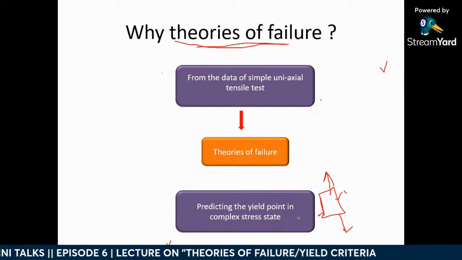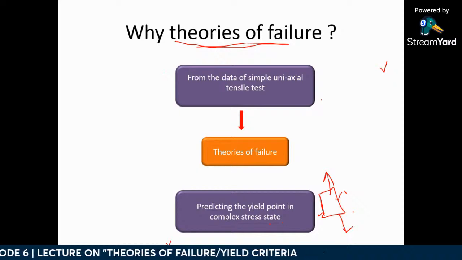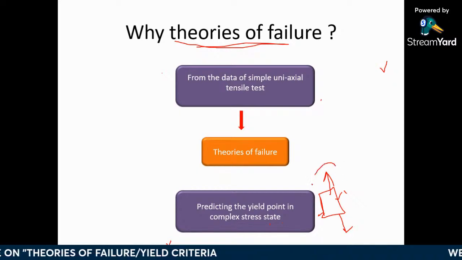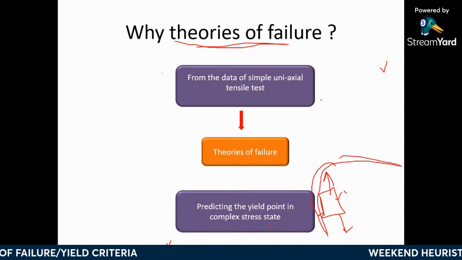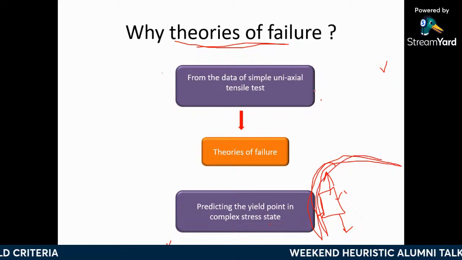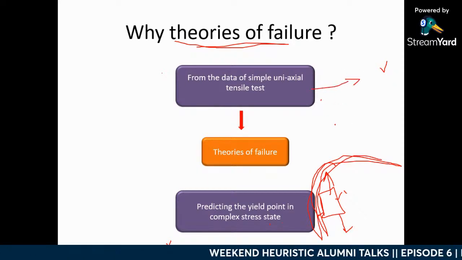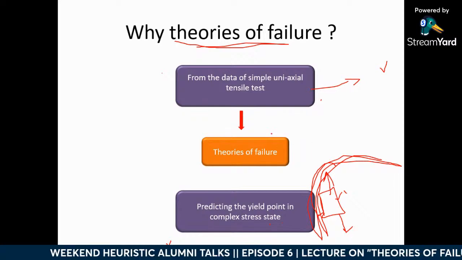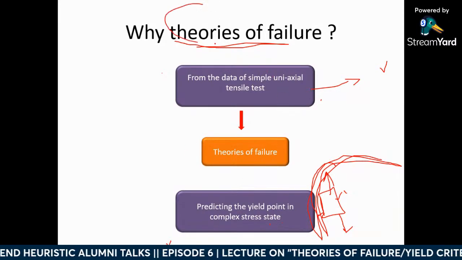You can have n number of combinations of stresses in practical applications. Just by conducting a uniaxial tensile test and using theories of failure, you can determine failure in practical applications. That is the whole idea of theories of failure.